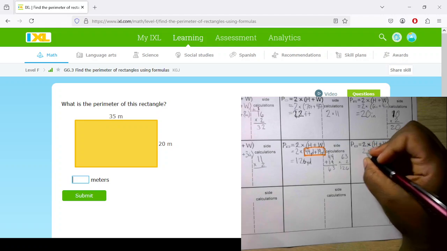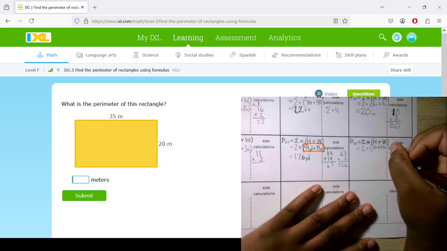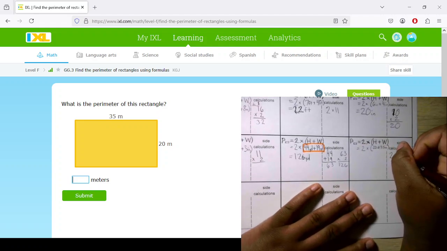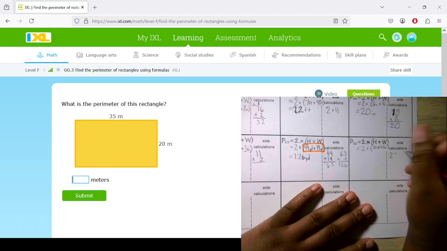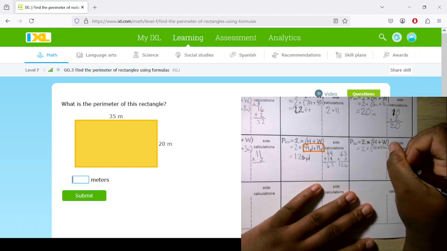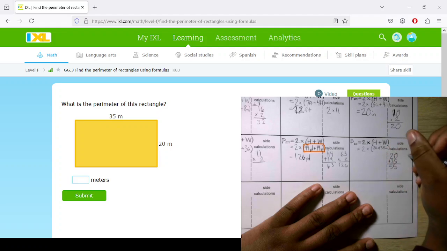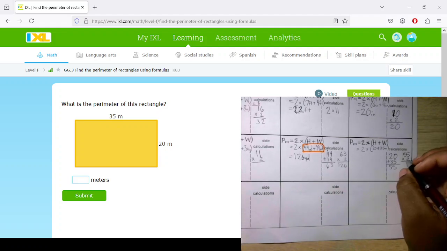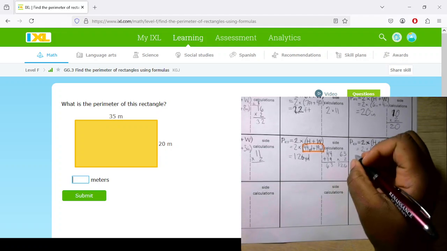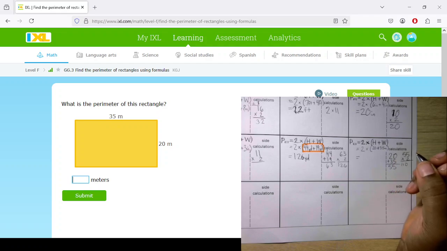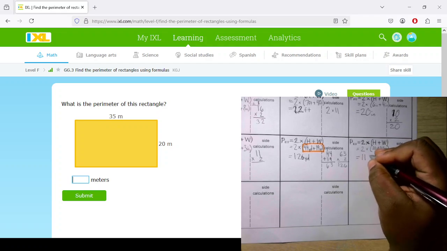And then I need to double that. 20 plus 35. So let's say I do 20 plus 35 and I get 55, and I need to do 55 times 2. And let's suppose I make a mistake and I say that it is, oh, that's not a mistake, 110 meters.